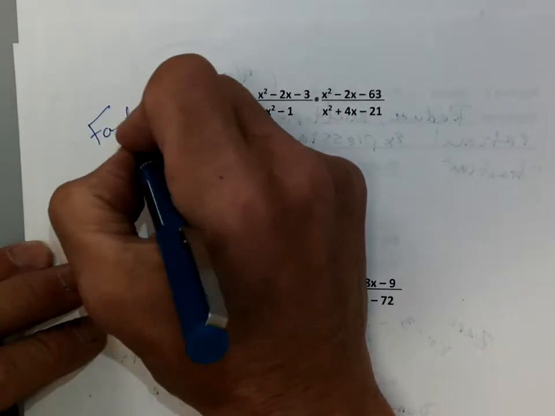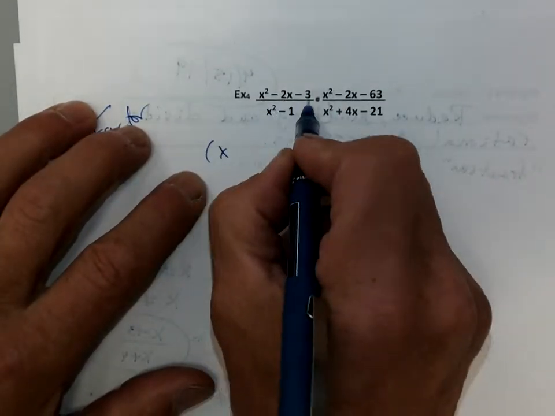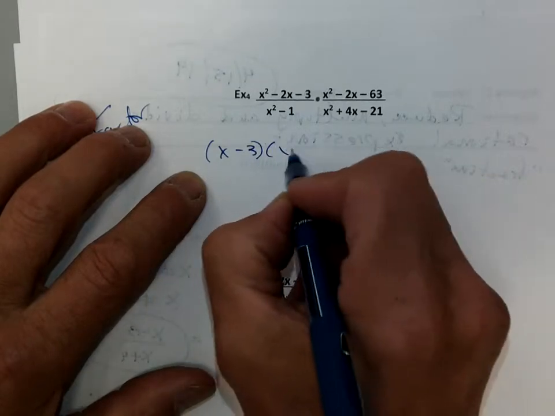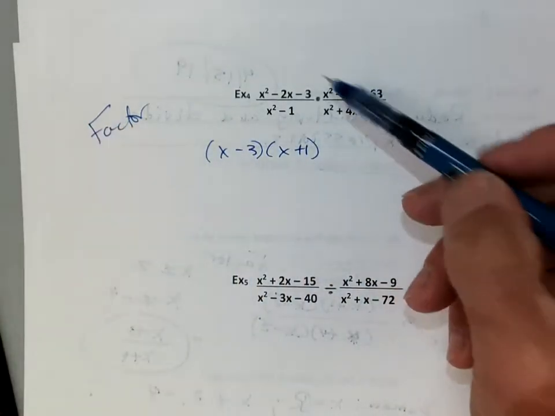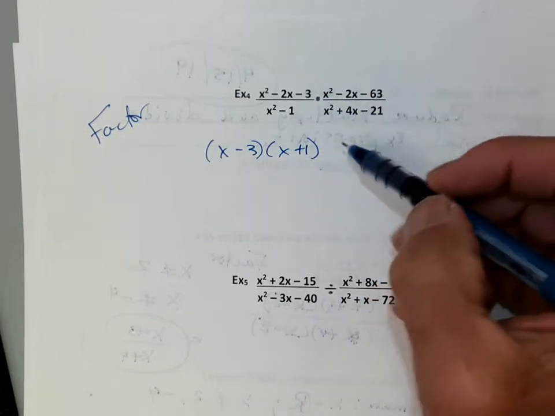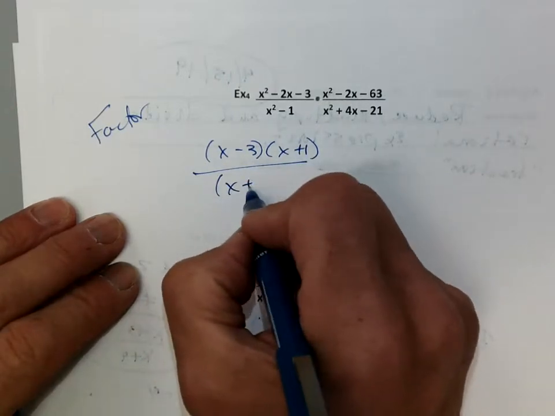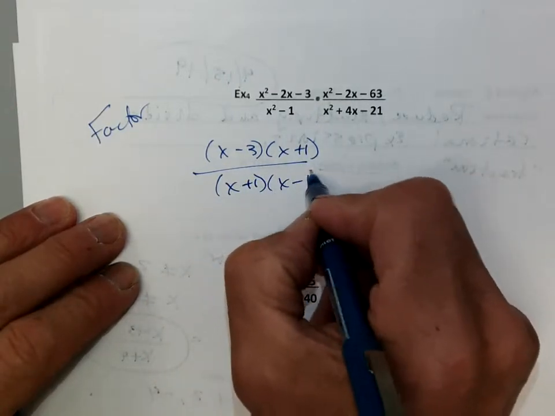In the numerator, x squared minus 2x minus 3 factors into x minus 3 times x plus 1. In the denominator, I'll factor x squared minus 1 into x plus 1, x minus 1.